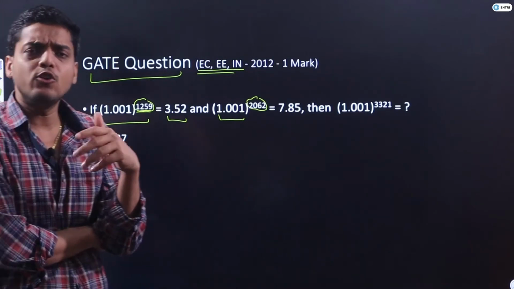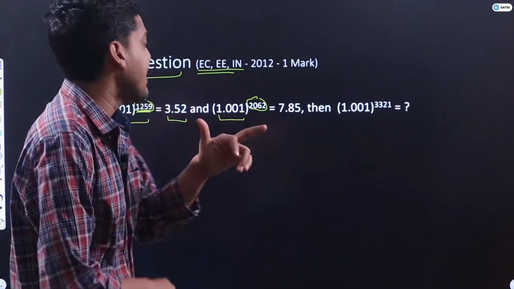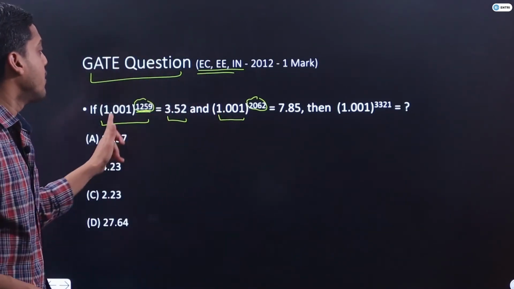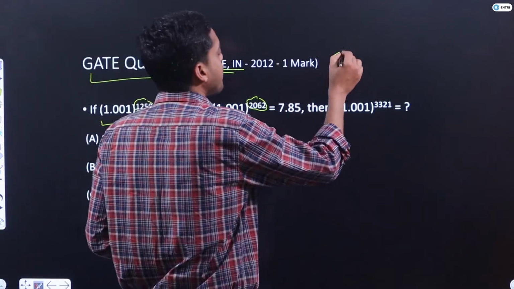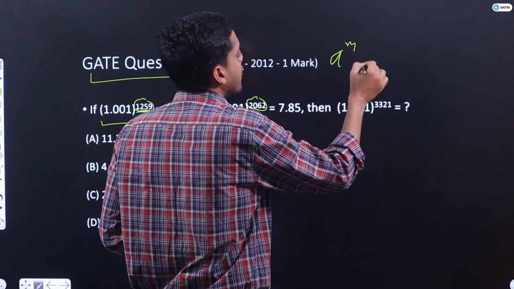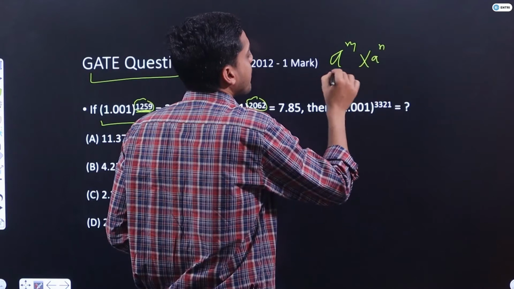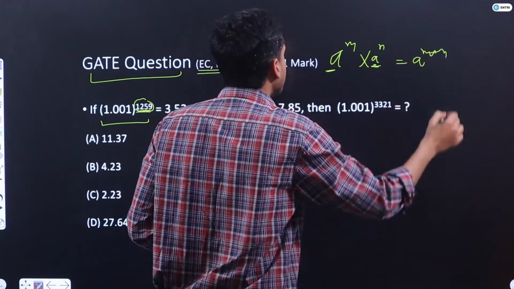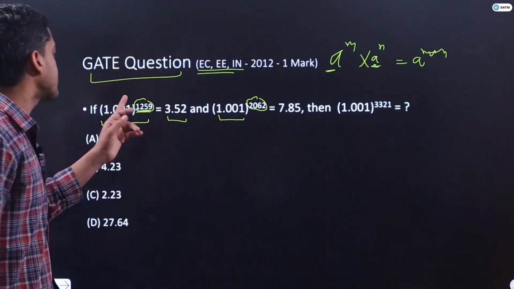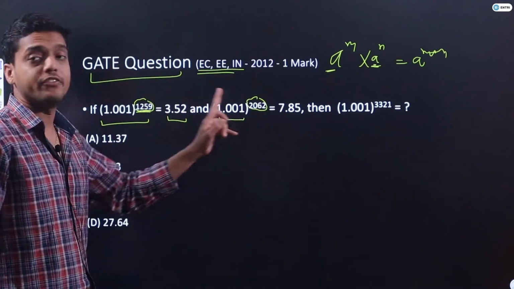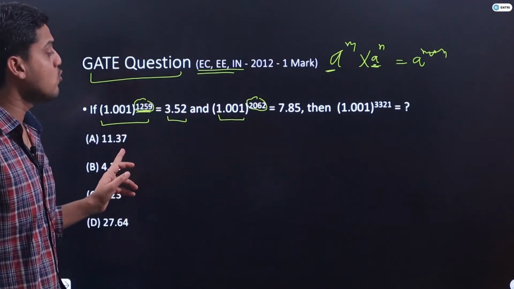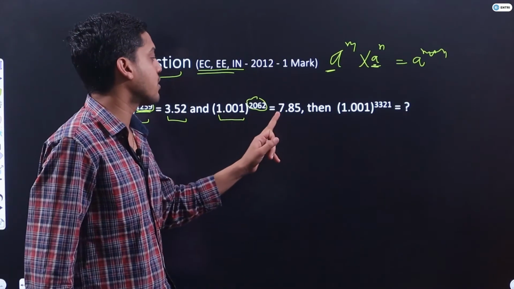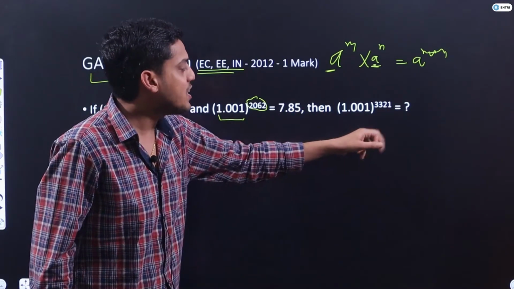Yes sir, multiplication while maintaining the same base. Only then will the powers get added. So we have observed that the sum of these two powers is equal to 3321.